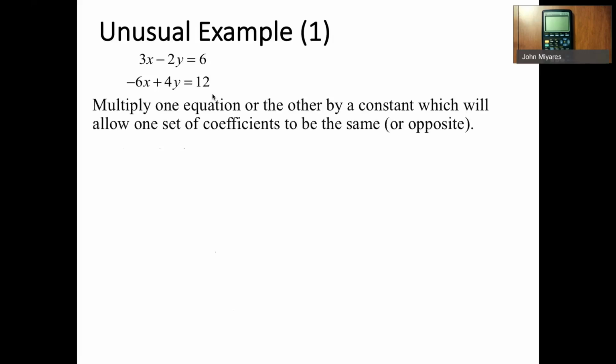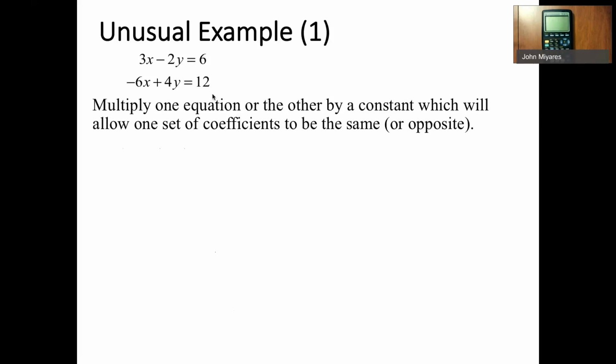Let's look at a slightly different example. What if our two equations were 3x minus 2y equals 6 and negative 6x plus 4y equals 12? Let's use the elimination method where we multiply the top equation by some constant that will allow stuff to cancel out.